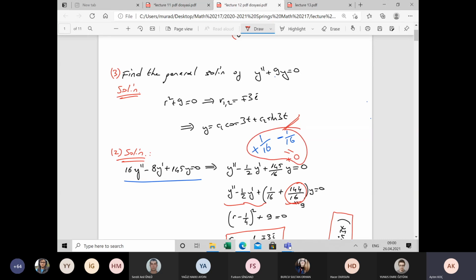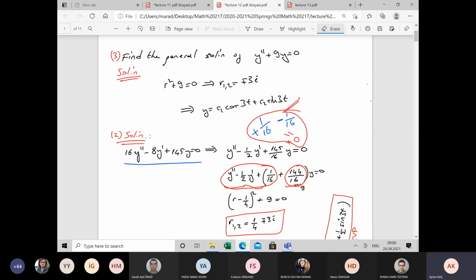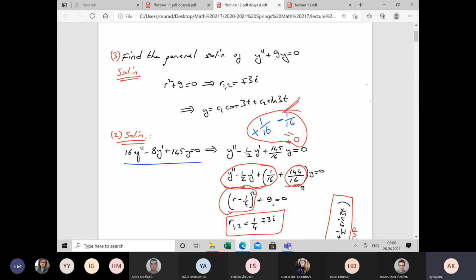So we obtain y minus 1 over 4 squared. So let's write the characteristic equation: r minus 1 over 4 squared plus 9 is 0.